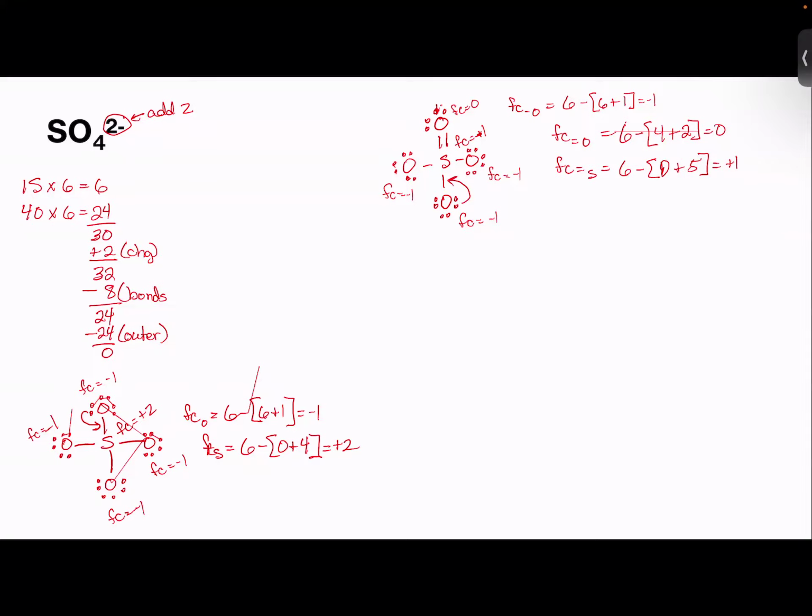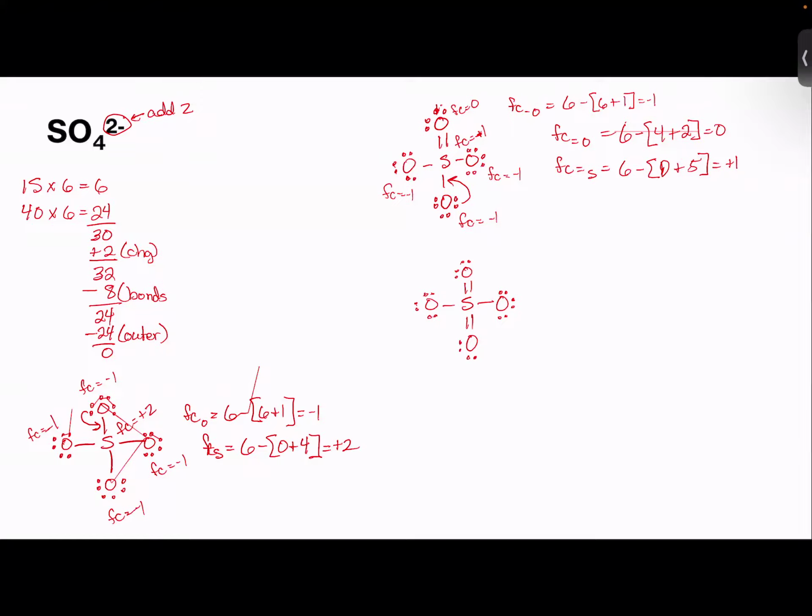And when we bring in those electrons, this structure emerges.